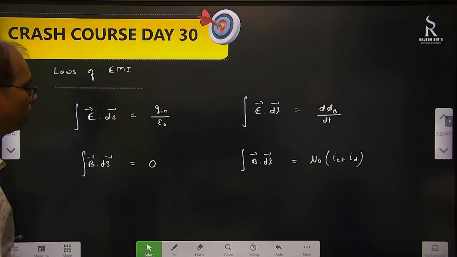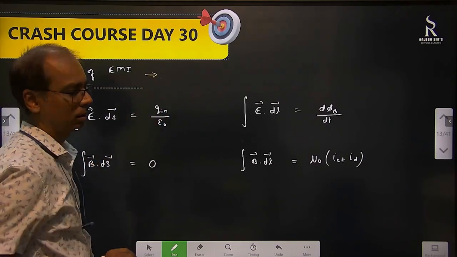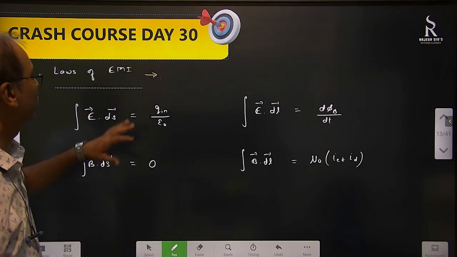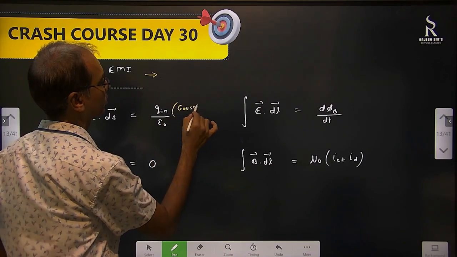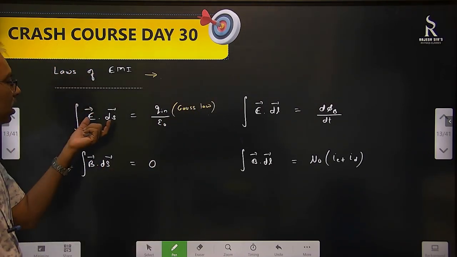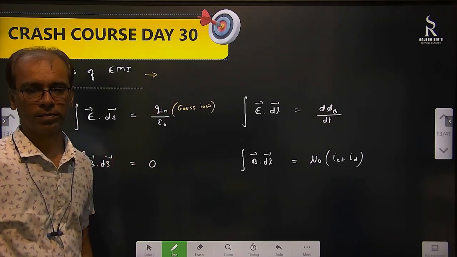Okay, what are the laws of EMI here? We have seen all except this. This one is our Gauss law: the surface integral is equal to charge inside by epsilon naught.